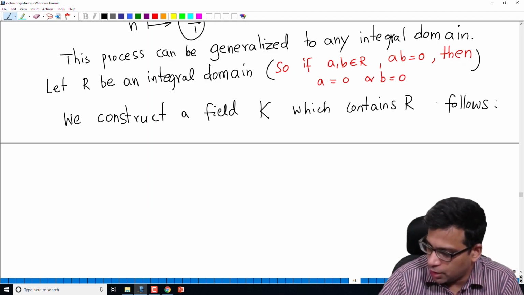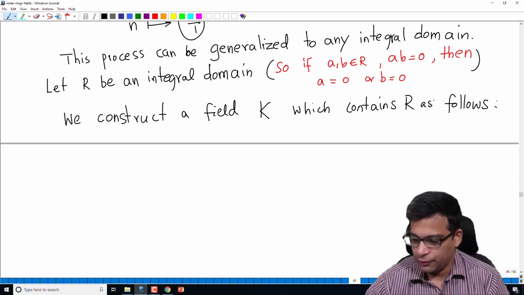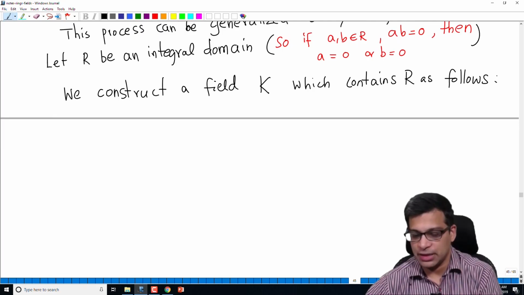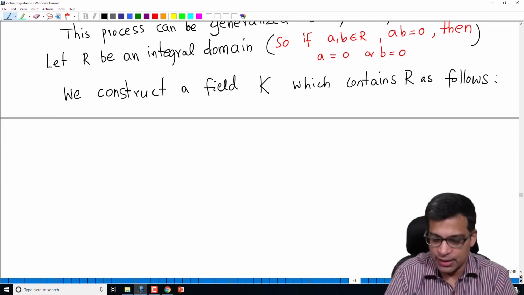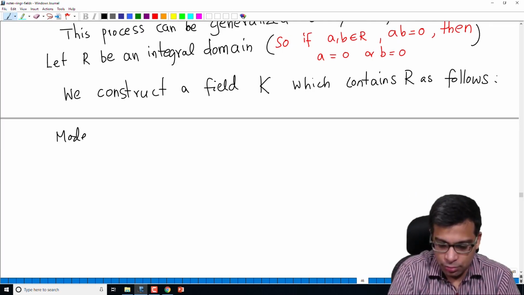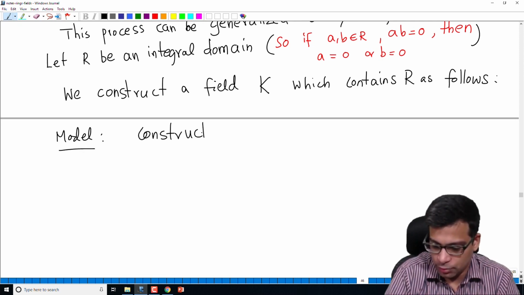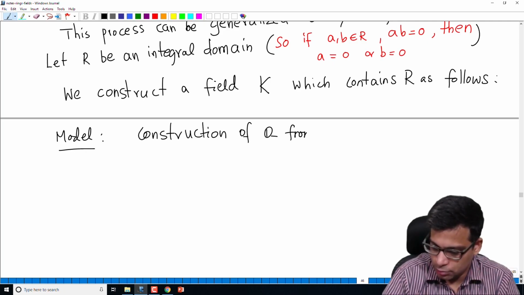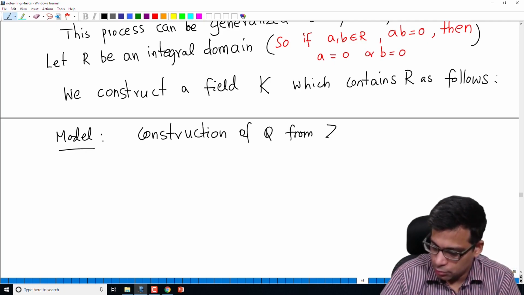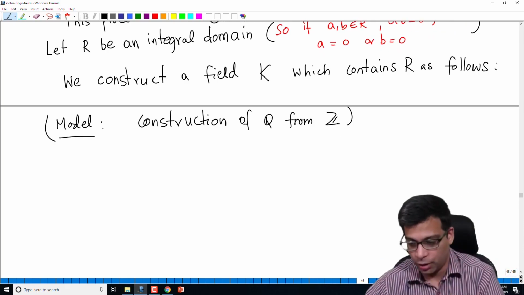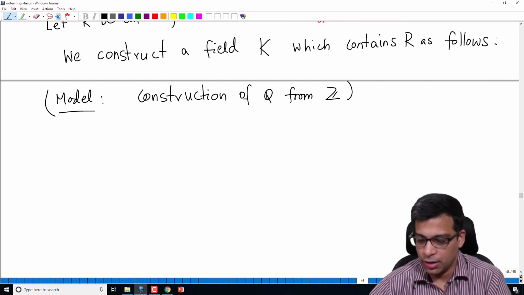So I'm going to define a field which is going to be a bigger ring. In other words, it contains R. So the model is the construction of Q from Z. That's the model you have to keep in mind. Exactly the same model I am following for all integral domains.